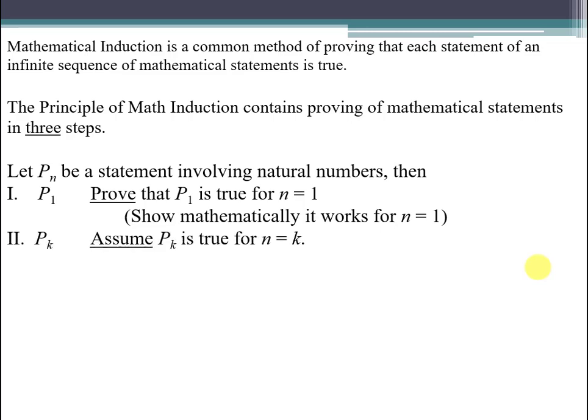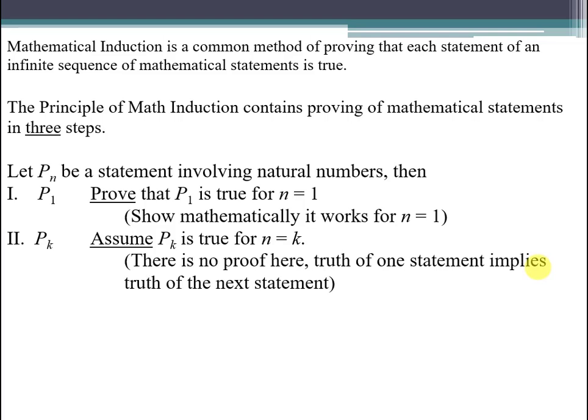The next step, the second step, is to assume that P(k) is true for n equal to k. Here there is no proof. The truth of one statement implies the truth of the next statement.